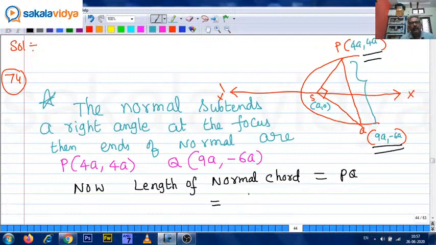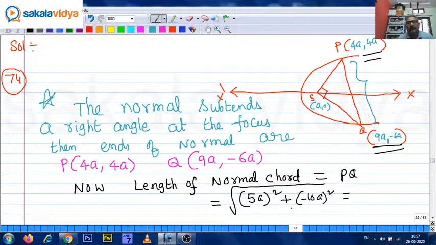Distance formula: 5a whole square, because x2 minus x1 squared, plus minus 10a whole square, under root. This will be 25a square plus 100a square, 125a square, under root. This is 5 root 5 a.